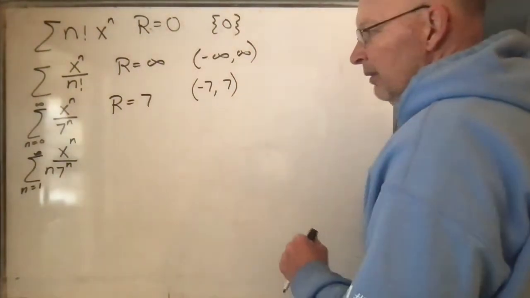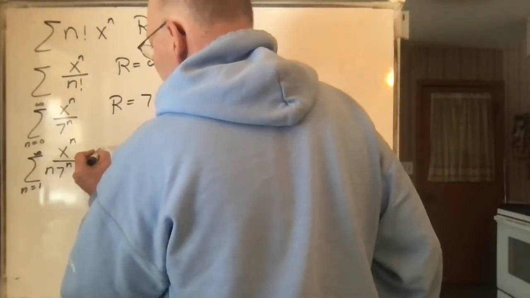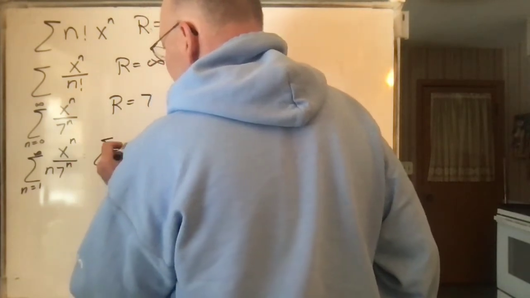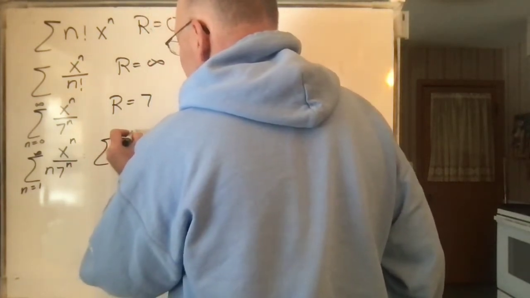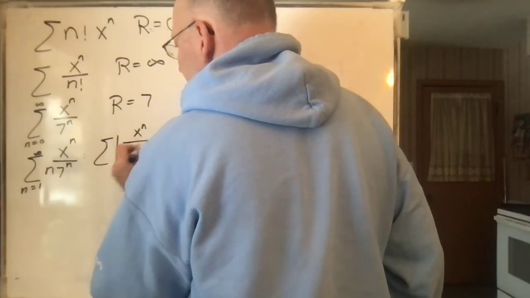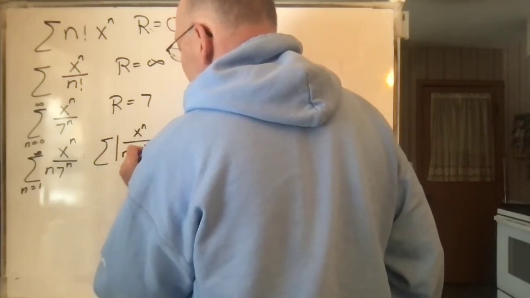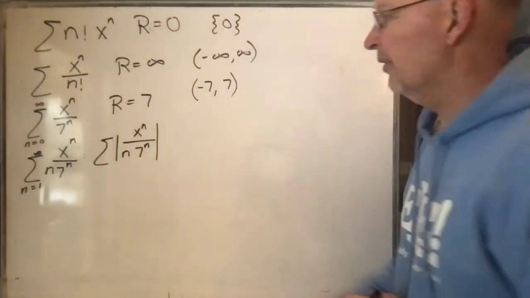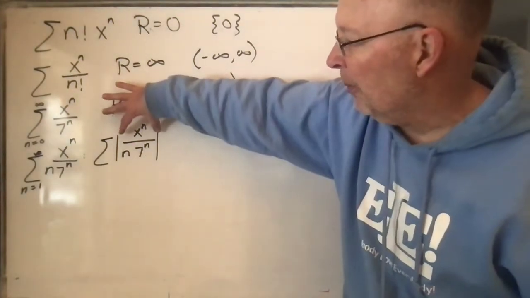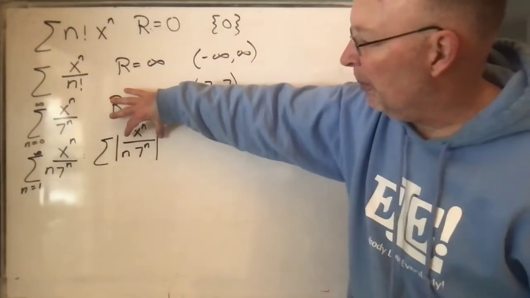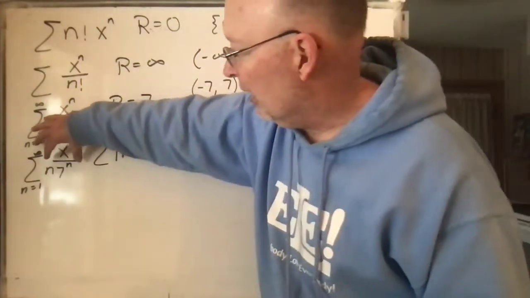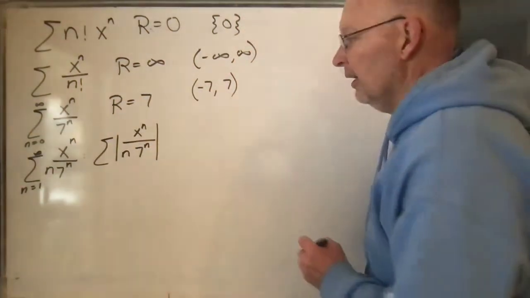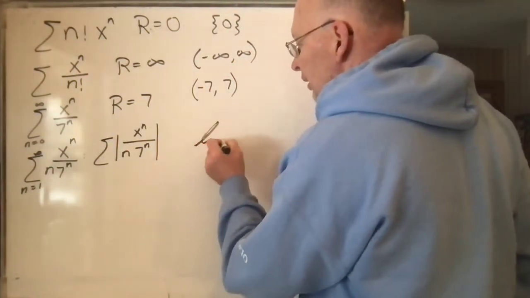Okay? So here let's say we're going to look at this one. We're going to look at that one, to see when this thing converges. These are all positive. So since these are all non-negative terms, we can use the ratio test on it. And so what does the ratio test say?